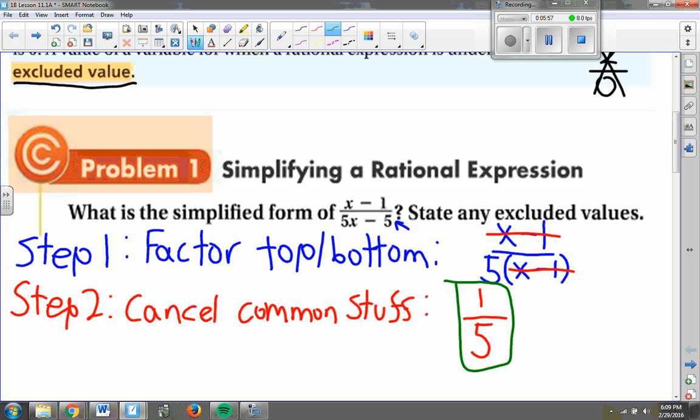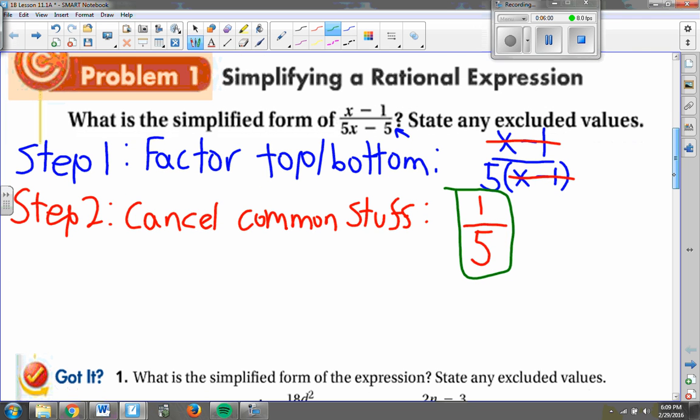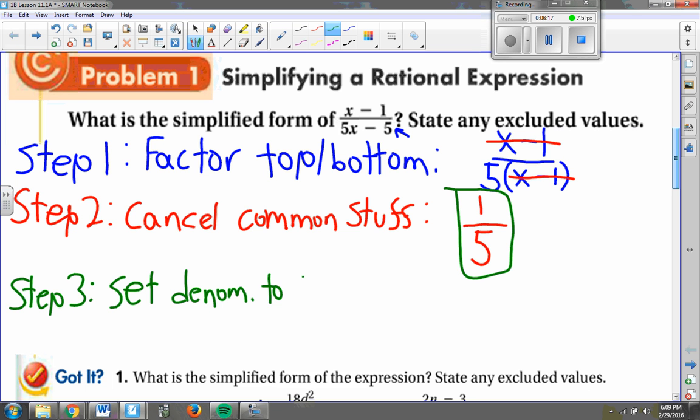But I do have to worry about these excluded values. I need to state any excluded values. So in my final step, step 3, set the denominator to 0 and solve.